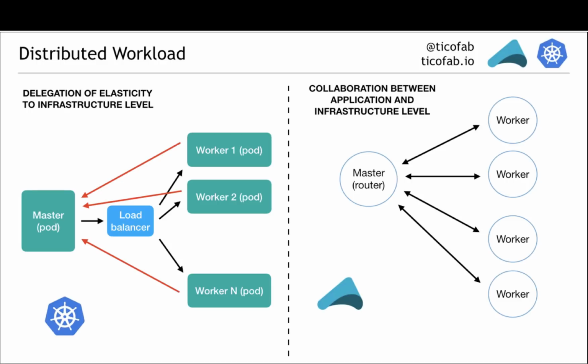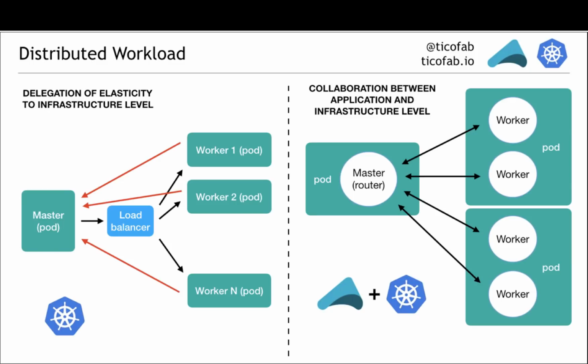So if we use Kubernetes to leverage this, then we will have a situation like that, where some workers run in a pod, some workers run in another pod. There will be one pod that contains our master actor, and maybe most importantly of it all, because now we are taking care of the scaling logic directly inside our application, we can also have finer control over how we add and remove nodes based on our own business logic.